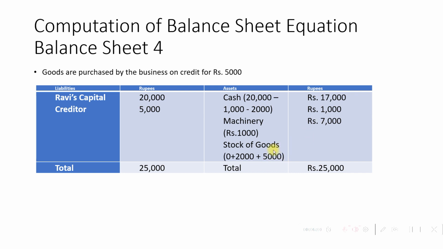And since the firm has gotten goods worth rupees 5,000, the creditor we have to include as a liability on the balance sheet for rupees 5,000. The total assets go up by 5,000 and become 25,000. But the goods are bought on credit, so the creditor appears as a liability on the balance sheet, and both the liabilities and the assets tally at rupees 25,000.